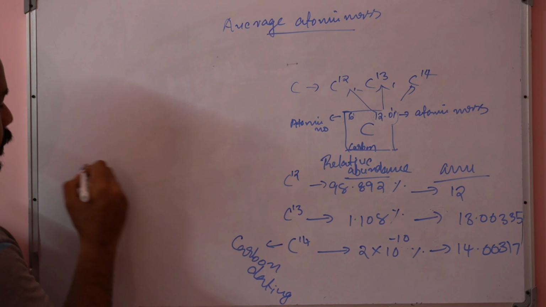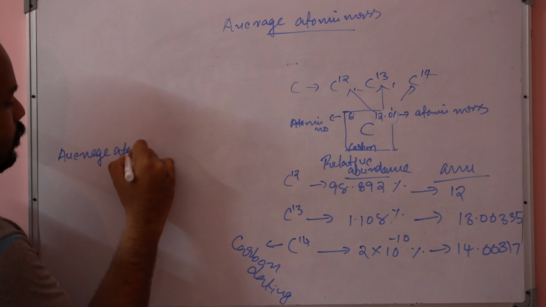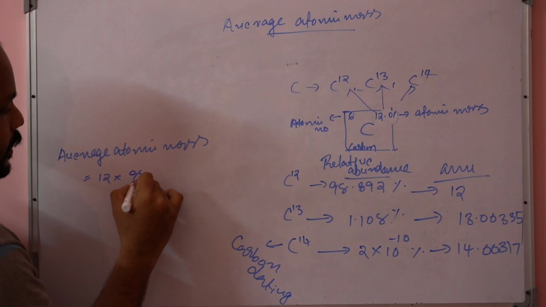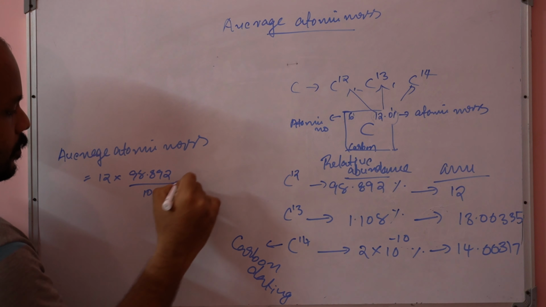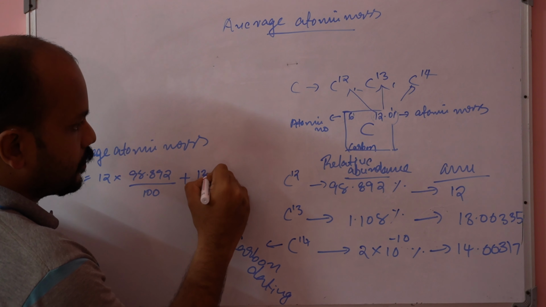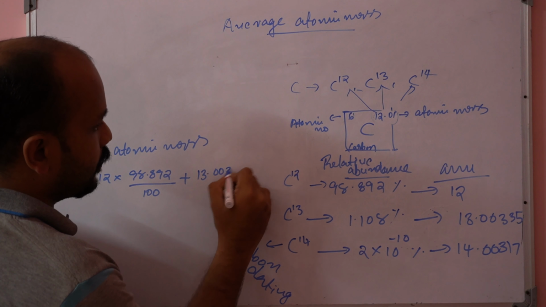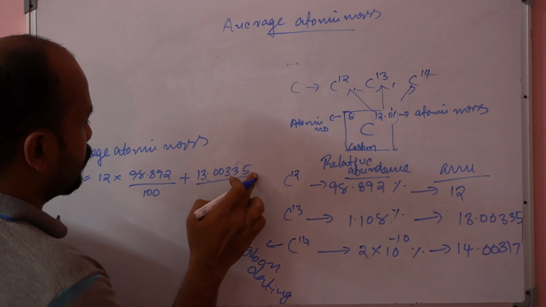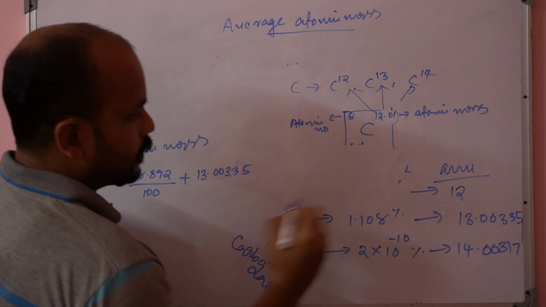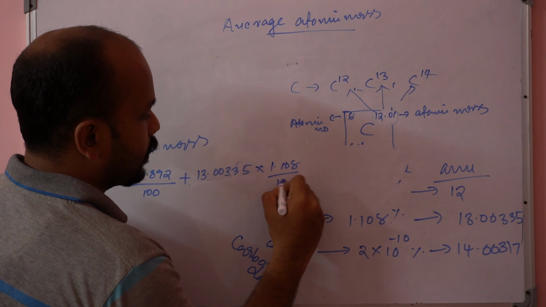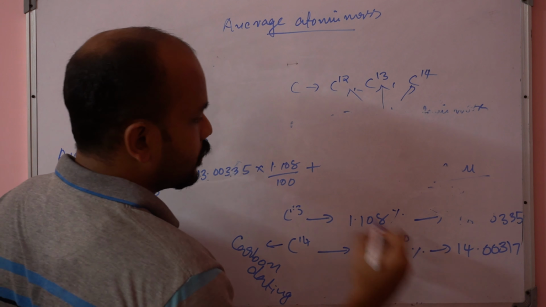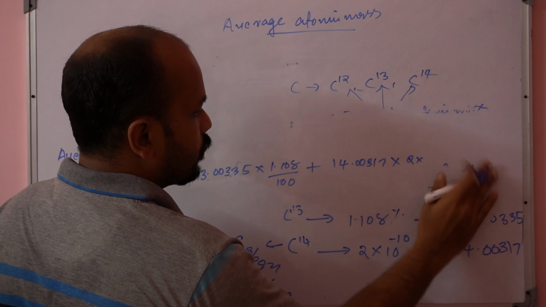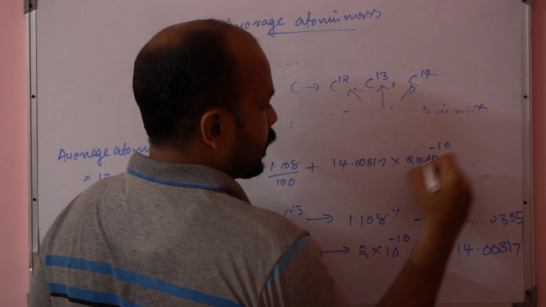The average atomic mass is 12 into the relative abundance, 98.892 divided by 100, plus 13.00335 into 1.108 divided by 100, plus 14.00317 into 2 into 10 raised to minus 10 divided by 100, since that is the relative abundance.